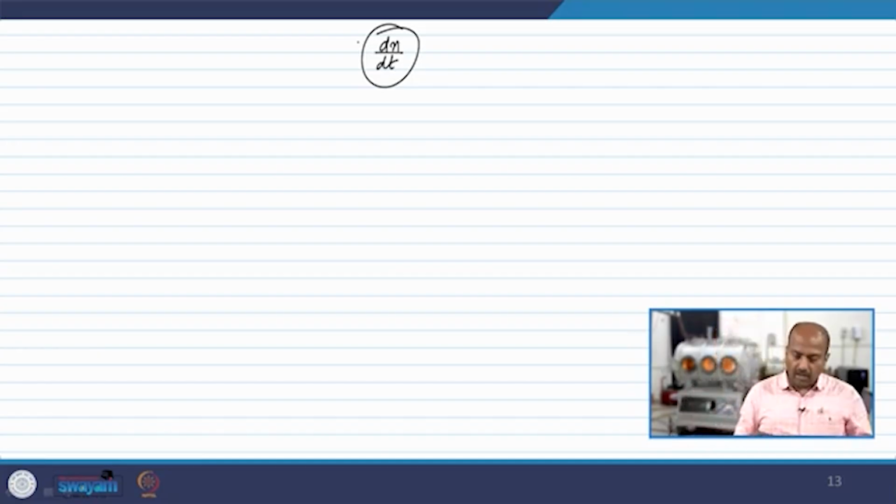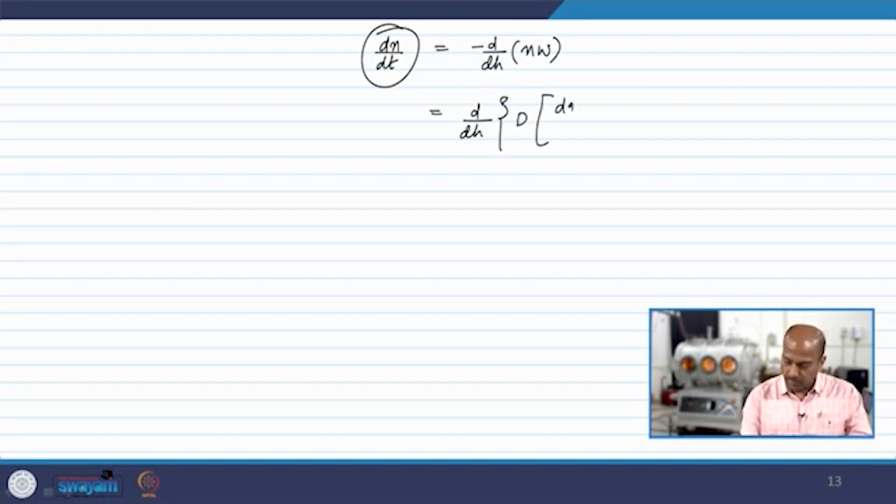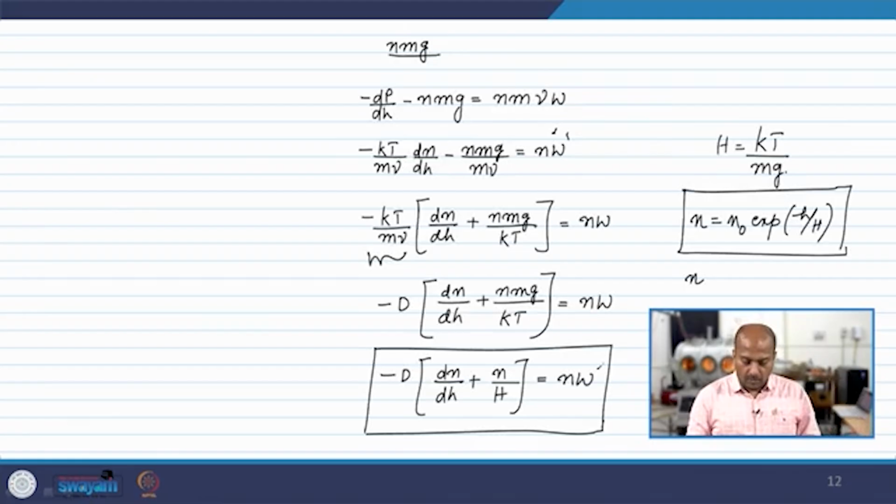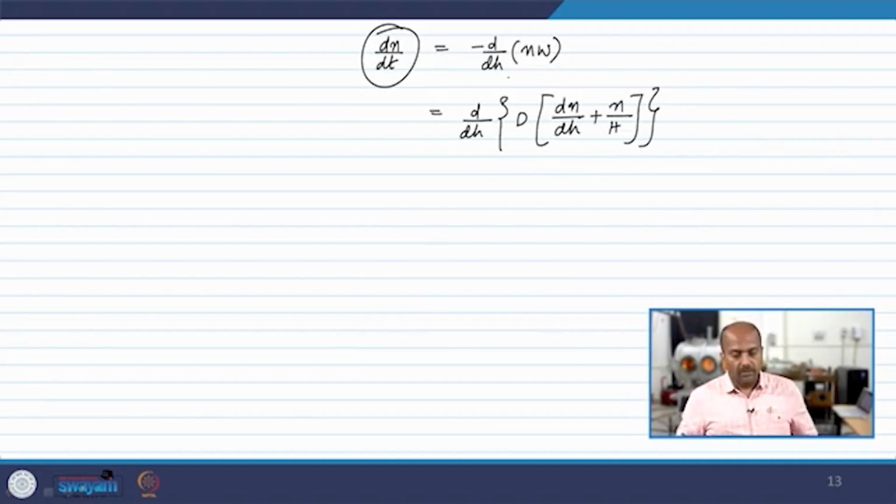If you bring that, you can write dN by dt is equal to minus d by dH of NW. It is the same as that. So, d by dH of NW, from the earlier relation we know that it is d by dH of D times dN by dH plus N by H. I have just taken d by dH of NW, and that will give you this, right.